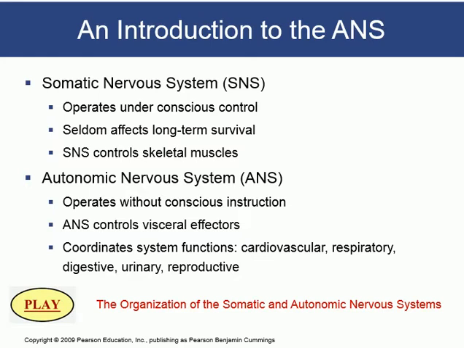Visceral, viscera, unconscious. You get the difference between the two divisions? We have somatic nervous system, we have visceral or autonomic nervous system. Somatic nervous system, conscious for skeletal muscles. Visceral or autonomic nervous system is for the viscera and it's unconscious.